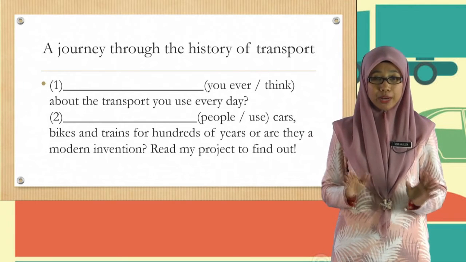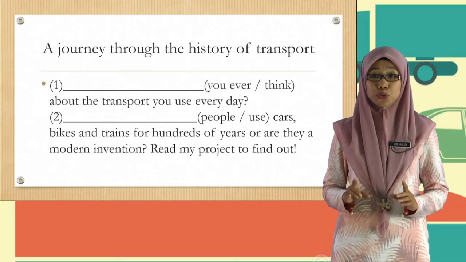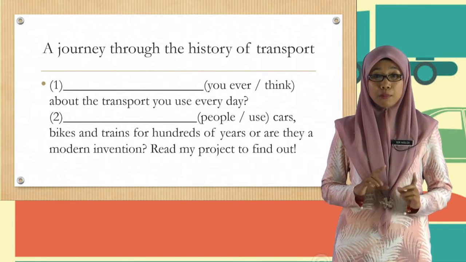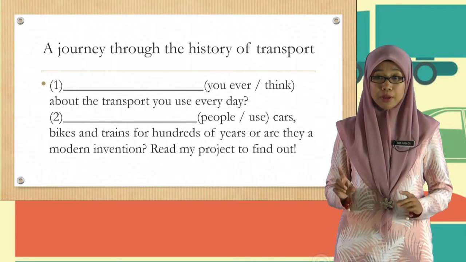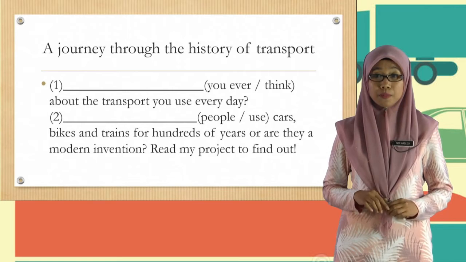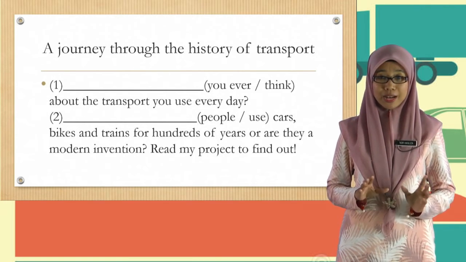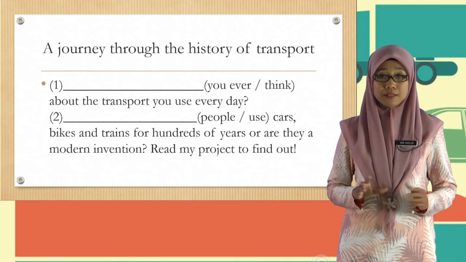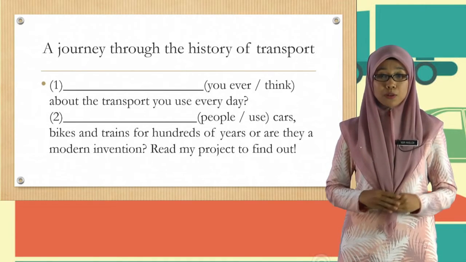Number 1, blank space, in brackets we have you ever and think, about the transport you use every day. Remember you have to change the verb think into past participle. So what is the answer for question number 1? It is a question, so have or has needs to be placed in front of the question.